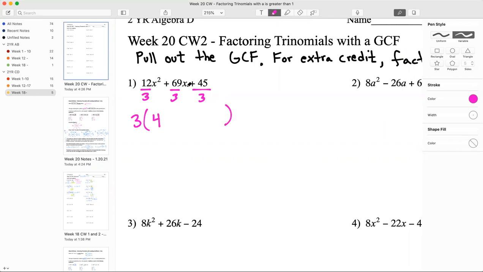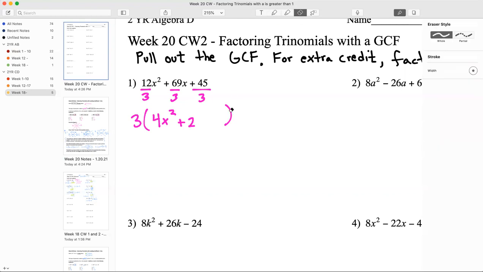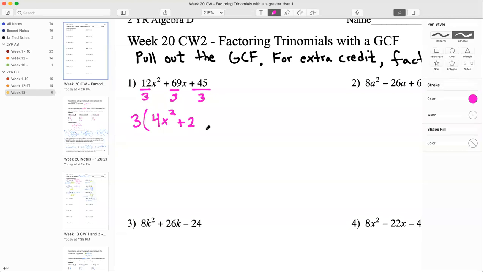Because each one is divisible by 3, you put a 3 on the outside. 12 divided by 3 is 4. 69 divided by 3 is 23. Running out of room over here. And then 45 divided by 3 is 15. So that is what pulling out the GCF is, in this case anyway.